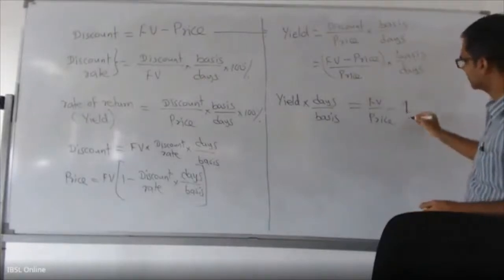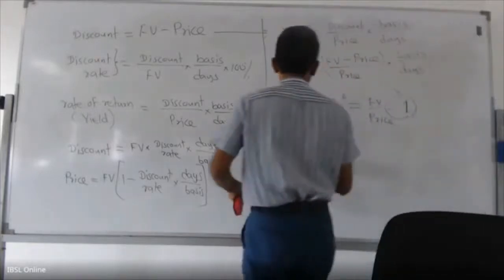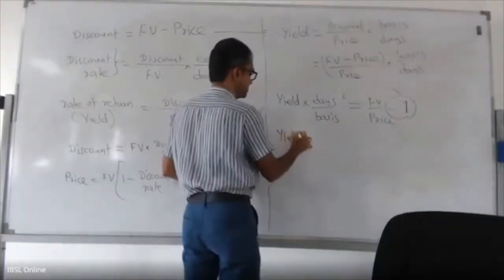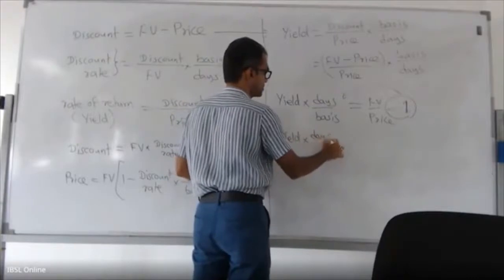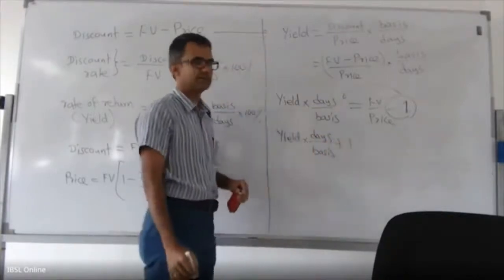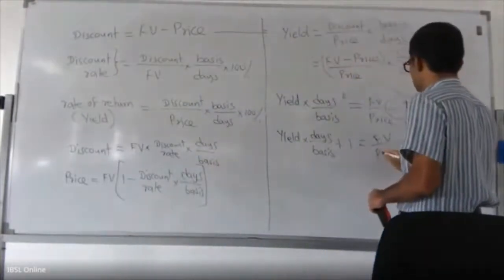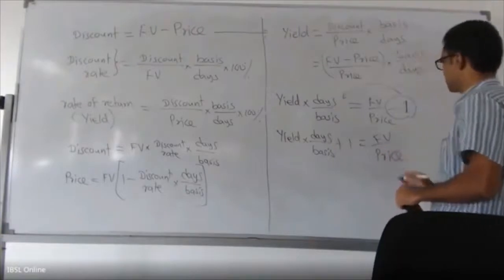Now I can take this minus 1 into this side. Then yield into base divided by basis plus 1 equals FV over price.